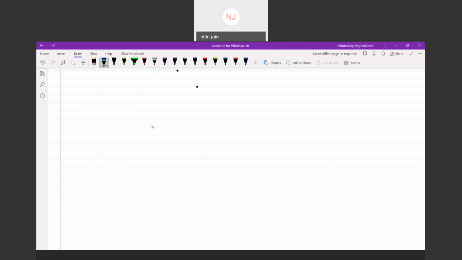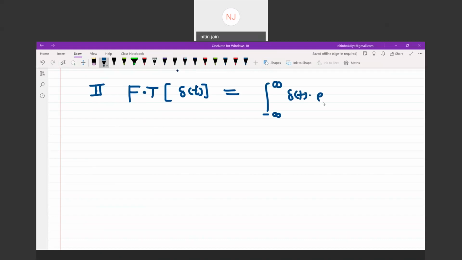Now let's calculate the Fourier transform of del t. We found the inverse Fourier transform of del omega; now let's find the Fourier transform of del t. It is the integral from minus infinity to infinity of del t into e to the power minus iota omega t into dt.